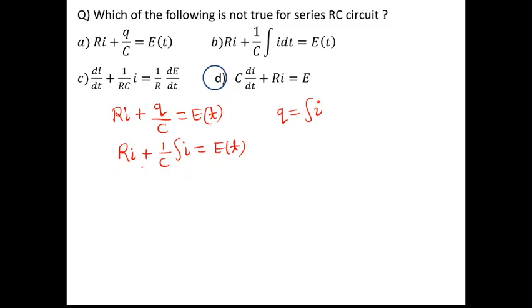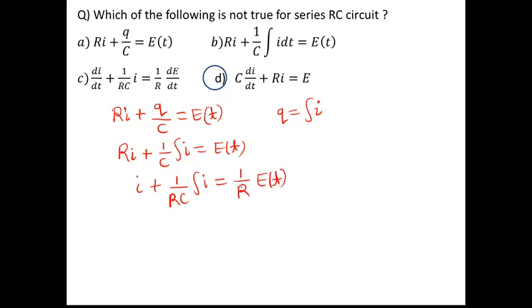Okay, then further, if I wish to convert this into a differential equation, either in terms of I or in terms of Q, what I'll do is differentiate this. At the same time, let's divide this by R. So we have 1 by RC integration of I is equal to 1 by R of E of t.